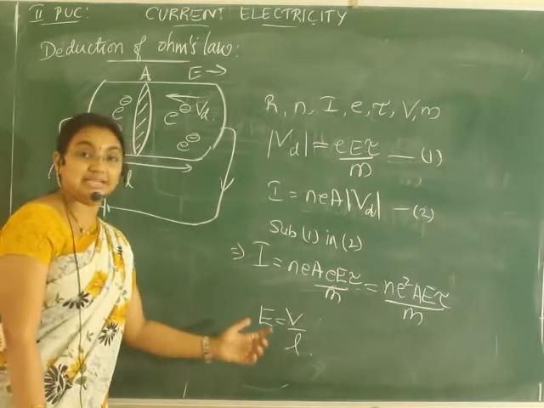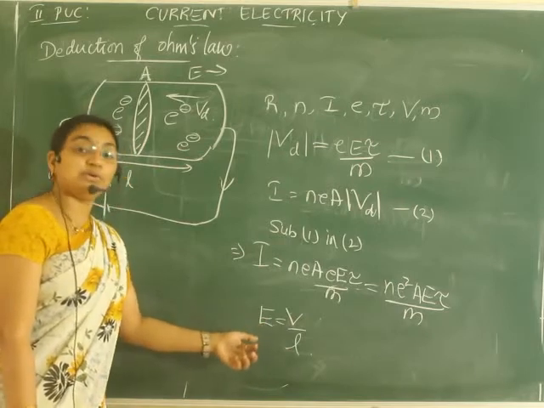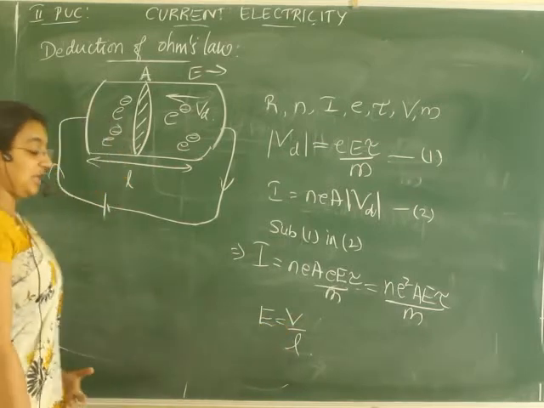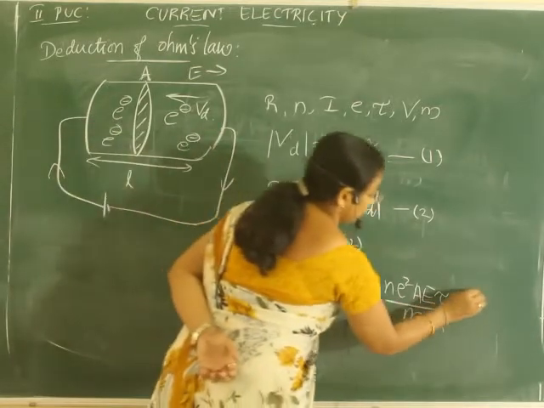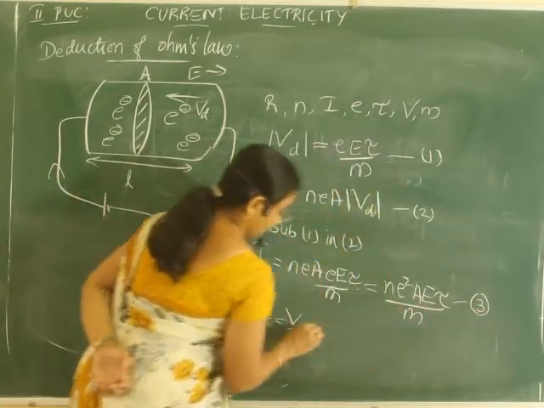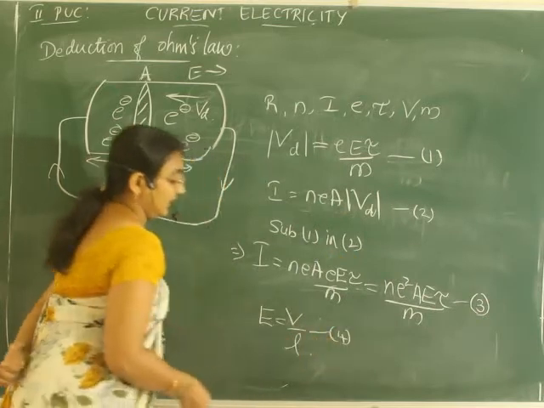Now it is required. We know that E is the potential per unit length. Substitute 4 in 3.